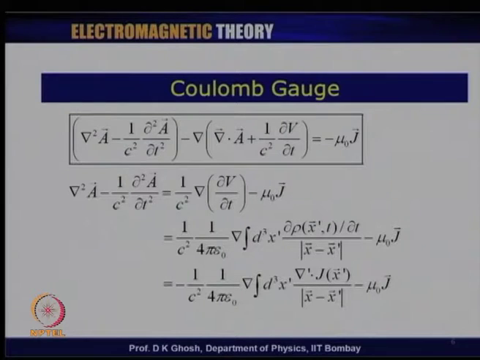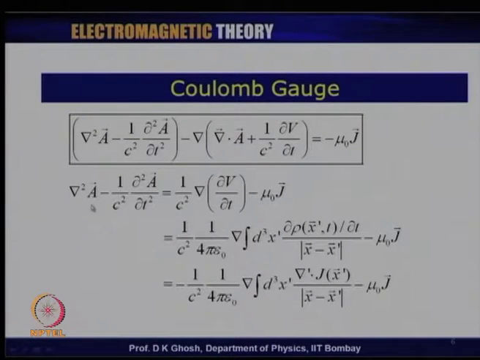The second equation is a little complicated. See, in the Lorentz gauge this term was dropped, so that there was an equation for A itself without involving the potential V. Now, if you simply say del dot of A equal to 0, this equation still has a gradient of dV by dt.